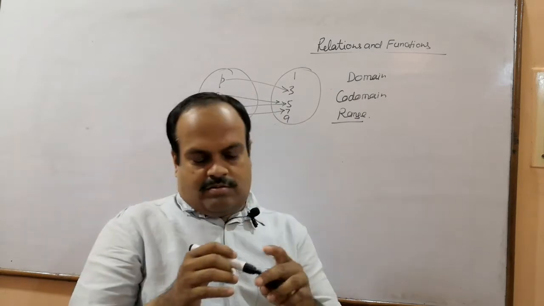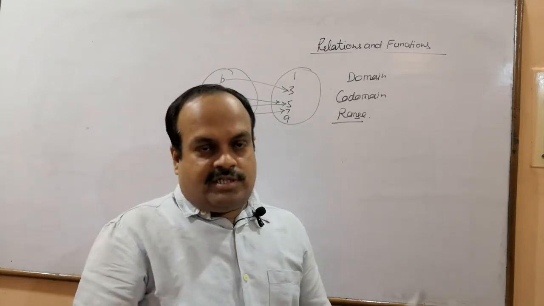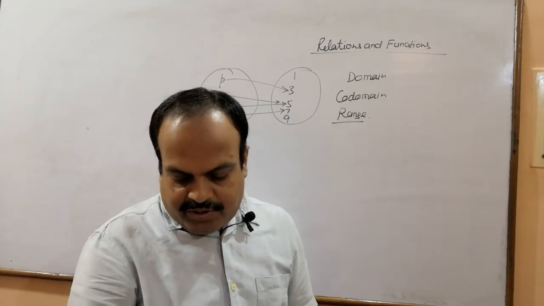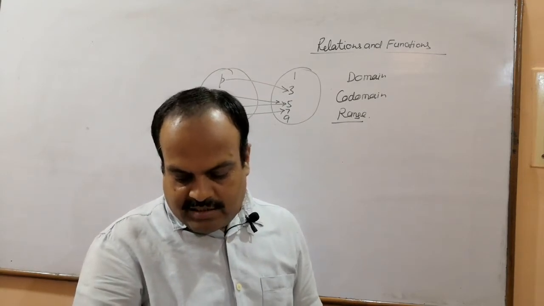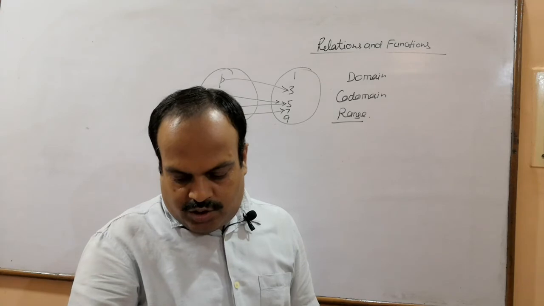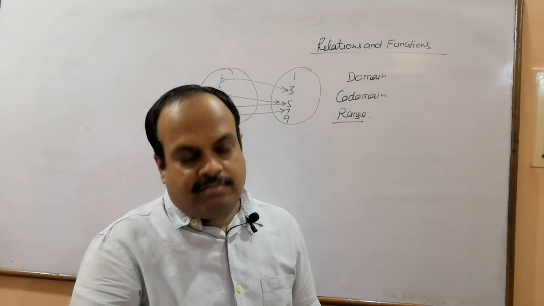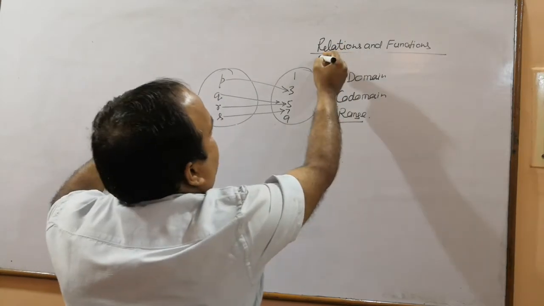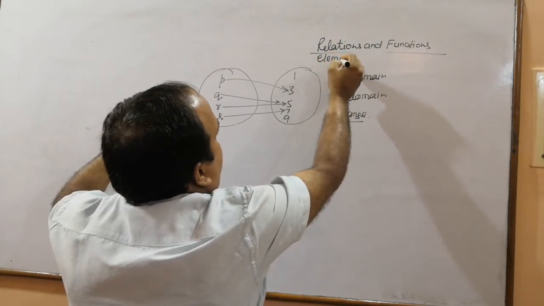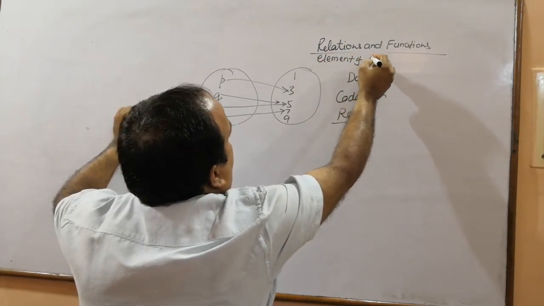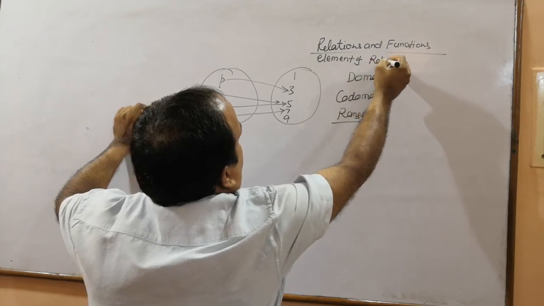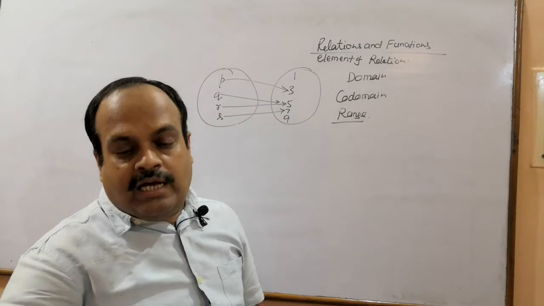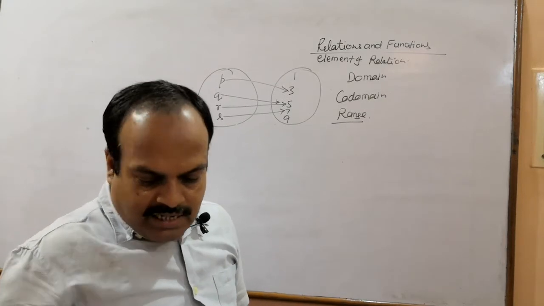But before stating the domain, codomain, and range, we have to write the relation shown by the arrow diagram by listing its elements. So elements of relation. Let's write the elements of the relation.